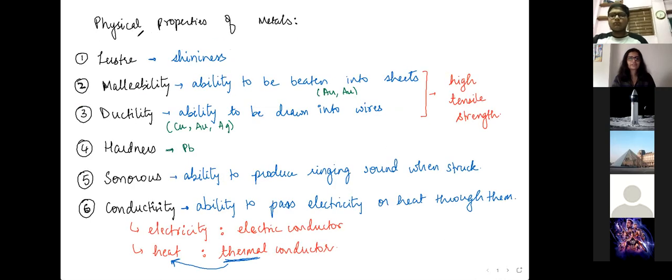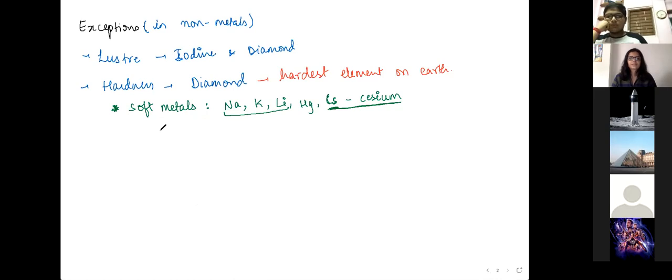Since we're talking about physical properties of metals, I was putting down the extremes, like highest and lowest. Here we're talking about exceptions. Usually we say metals are hard, but there are some metals that are not hard. That's why I've mentioned these exceptions here.